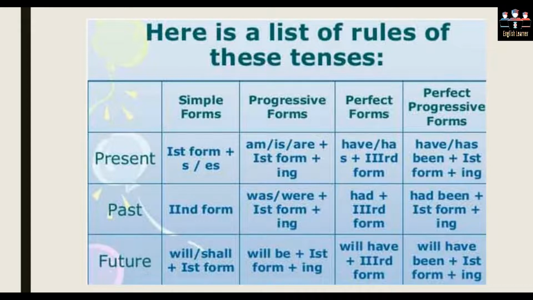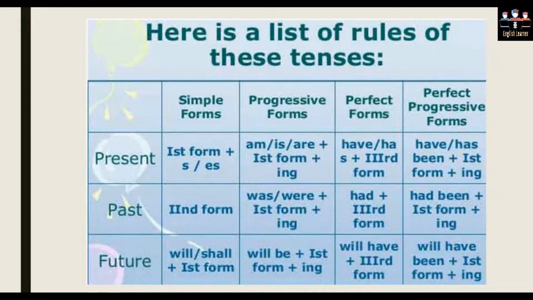Will not have or shall not have will be used in negative sentences, whereas will have or shall have is placed at the start of the sentence, and it will give you an interrogative sense.